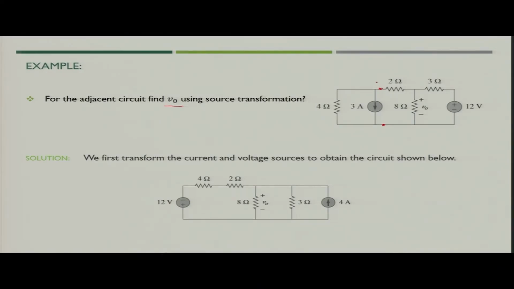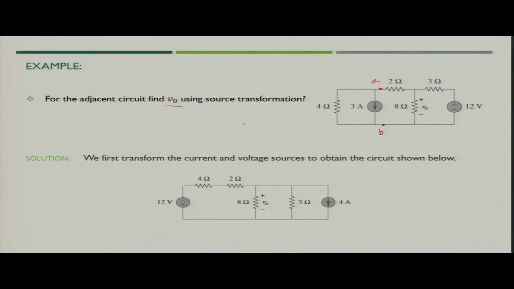Let us say that this is terminal A, terminal B, and on the left side of these terminals is one current source, and in parallel with that there is one resistance. This is similar to what we discussed previously: the current source in parallel with resistance is an ideal candidate to be transformed into a voltage source in series with one resistance.